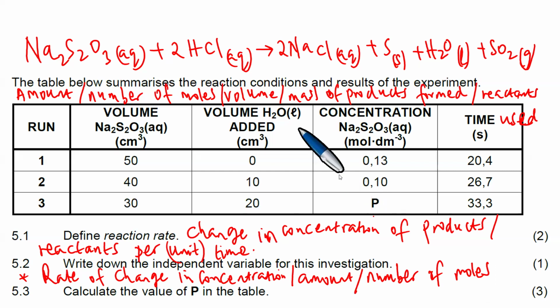Okay, that's fine. But I wanted to emphasize this definition. It's a very, very important one. This last definition, volume or mass, is very important because it gives us the formula for reaction rate.